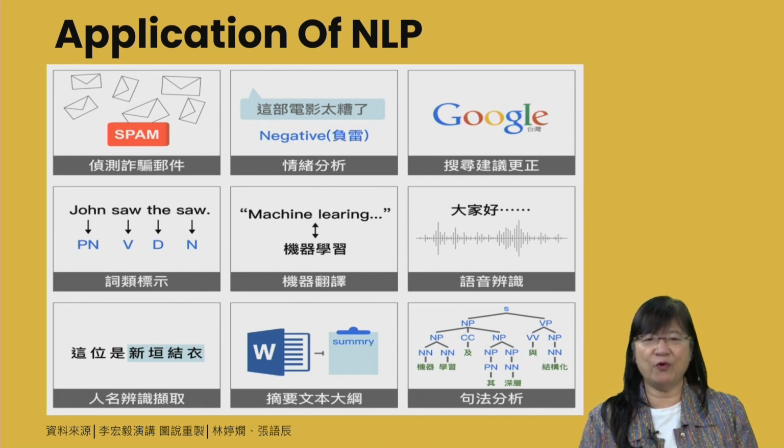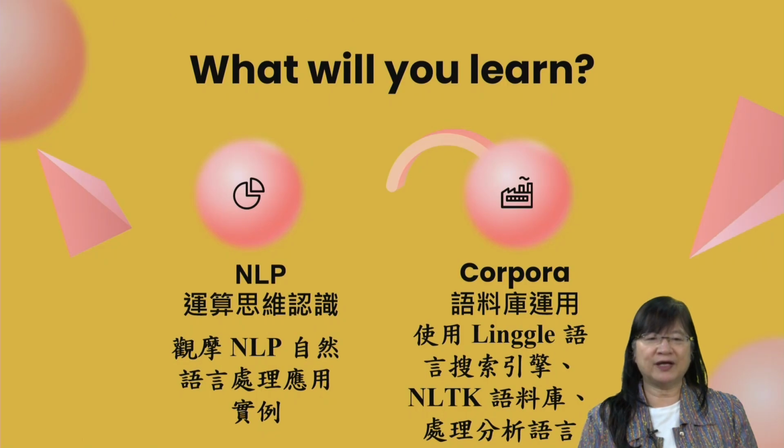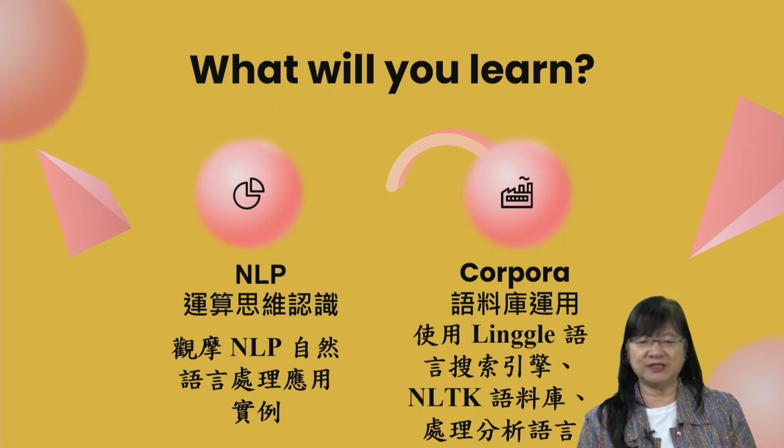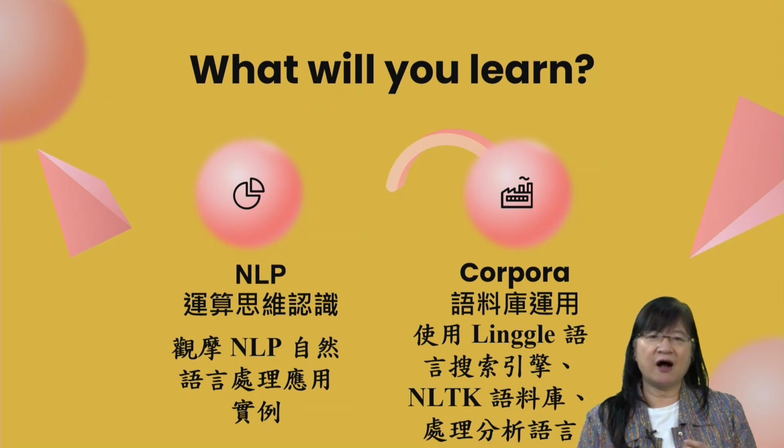All these are application examples for you to see NLP. Actually, we have some more, and in this program you can check that. So what will you learn? We will start from NLP for you to see some examples. Then we'll introduce you to some corpora. We will start from Lingua to NLTK for you to see how we analyze human language.